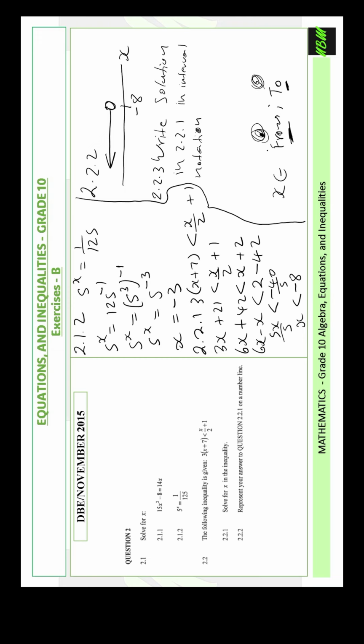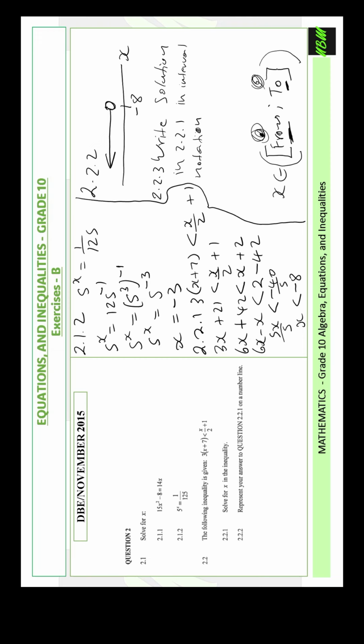Then on the left, it can either be a closed or an open bracket. Closed when the solution is included, open when it is not included. Then also on the right, we can either have a closed or an open bracket.